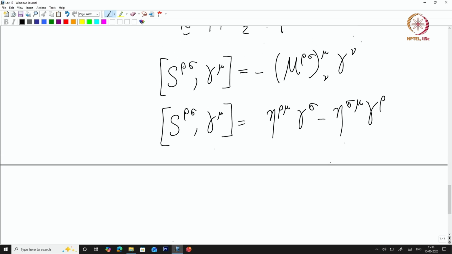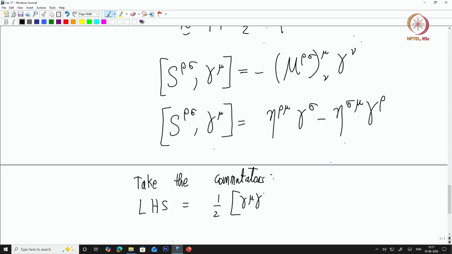This you can show by taking the commutators. The left hand side will be equivalent to 1 by 2 gamma mu gamma sigma, and then this will lead to the formula essentially.